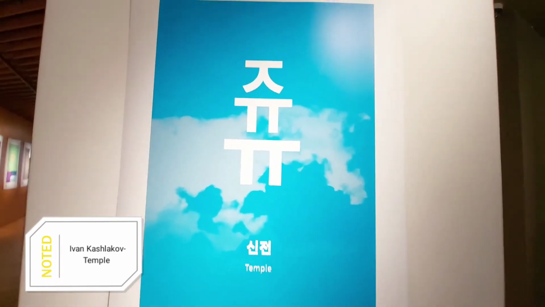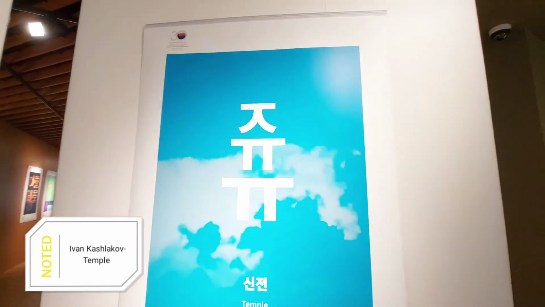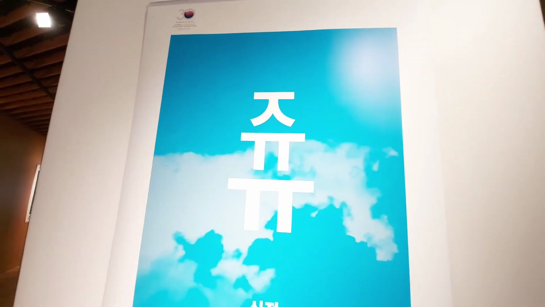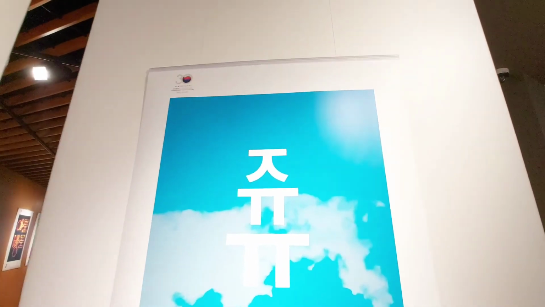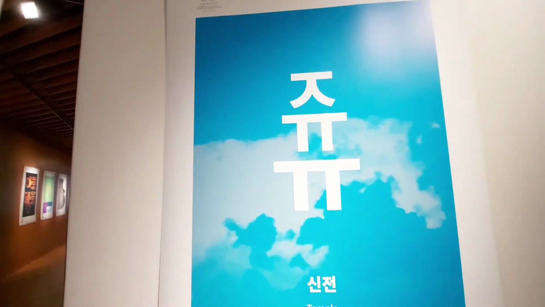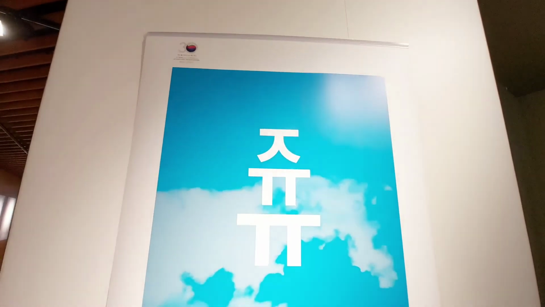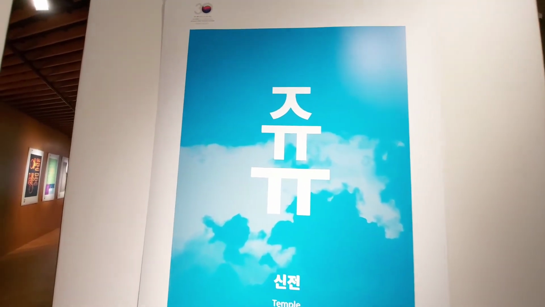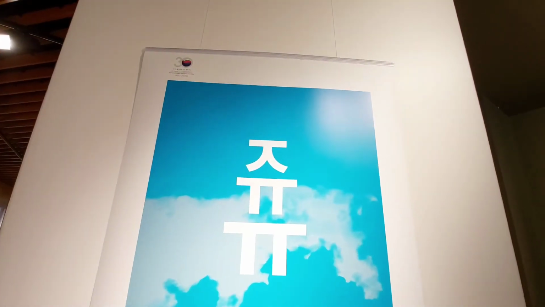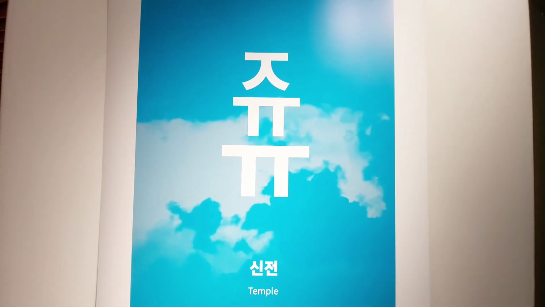He made it like it is in the sky, because maybe when we go into a temple and we pray, we talk or think, we express ourselves through the words that are constructed by letters, in this way by Hangul, and we send our thoughts and hopes up in the sky. So the letters go up in the sky.